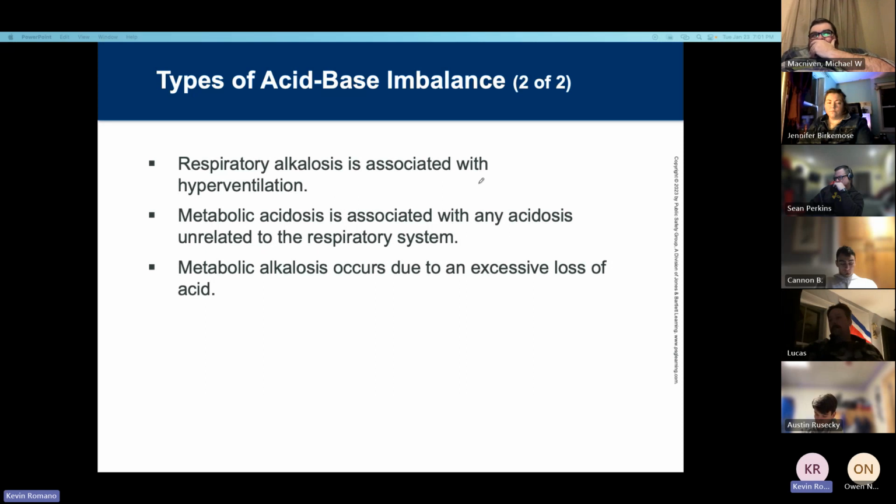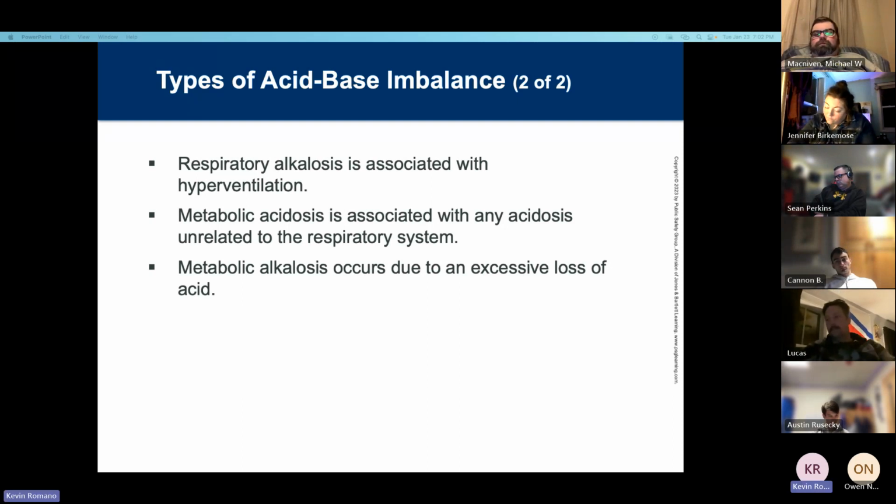Signs and symptoms include diminished level of consciousness, lightheadedness, carpopedal spasms, all right? Paresthesia of the lips and the face, chest tightness, confusion, vertigo, blurred vision, nausea, vomiting, right? Now, metabolic acidosis. Any acidosis not related to the respiratory system. Causes would include ketoacidosis, right? So diabetics, aspirin overdose, lactic acidosis, okay?